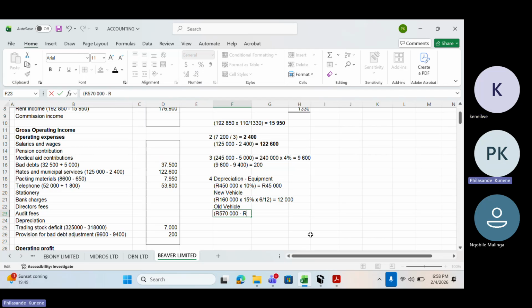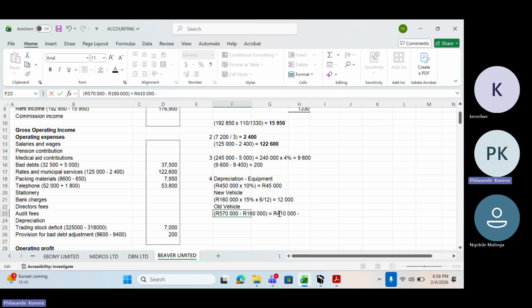So we need to take it out. Sorry, this is 160. You get 410,000 rands, right? Yeah.